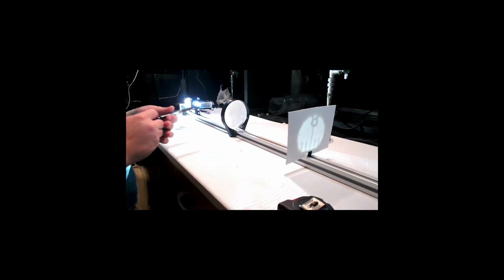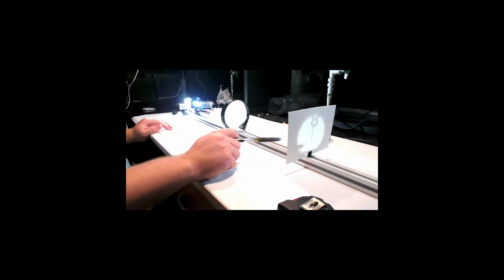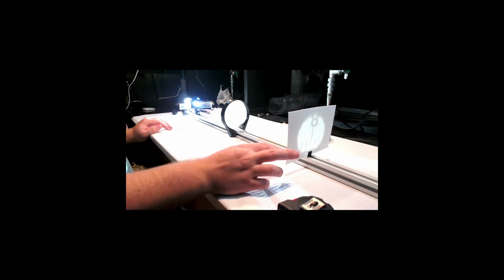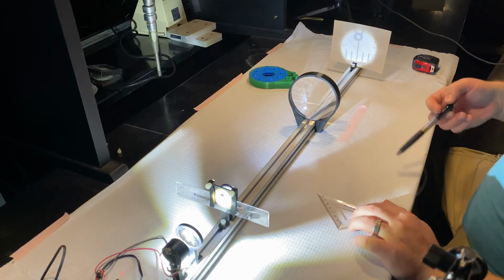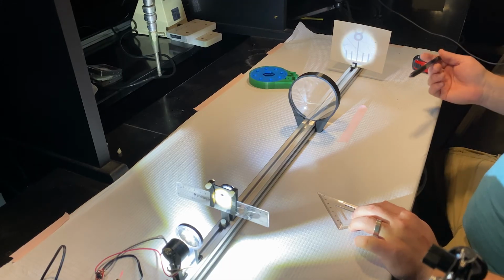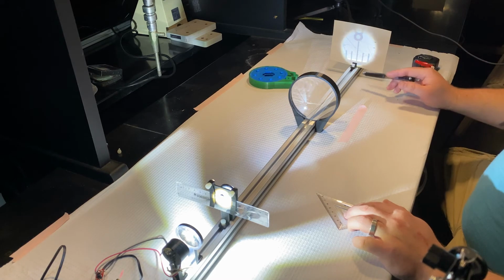Not only can you see the 8 and the gradations, but you can even see these little scratches, hopefully not in the lens, but in the ruler. So not only a highly magnified system, but also a high resolution one.